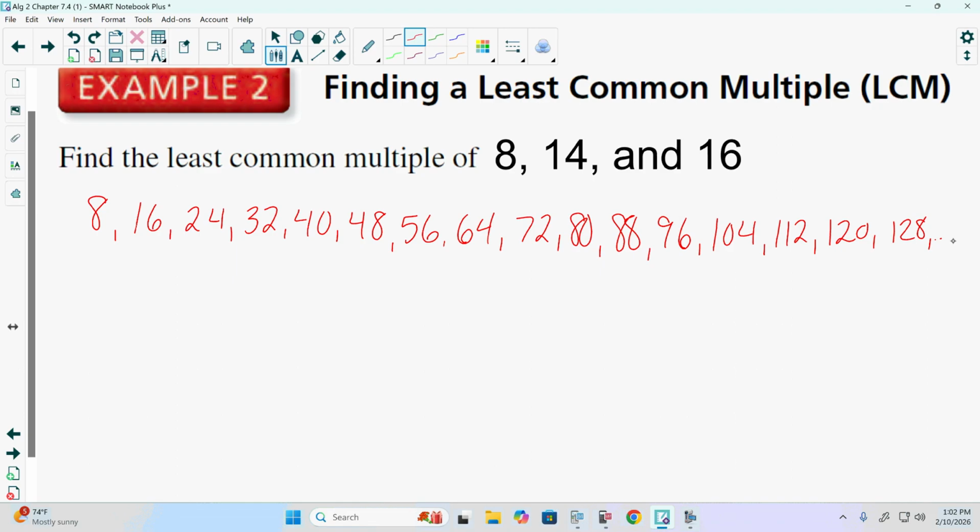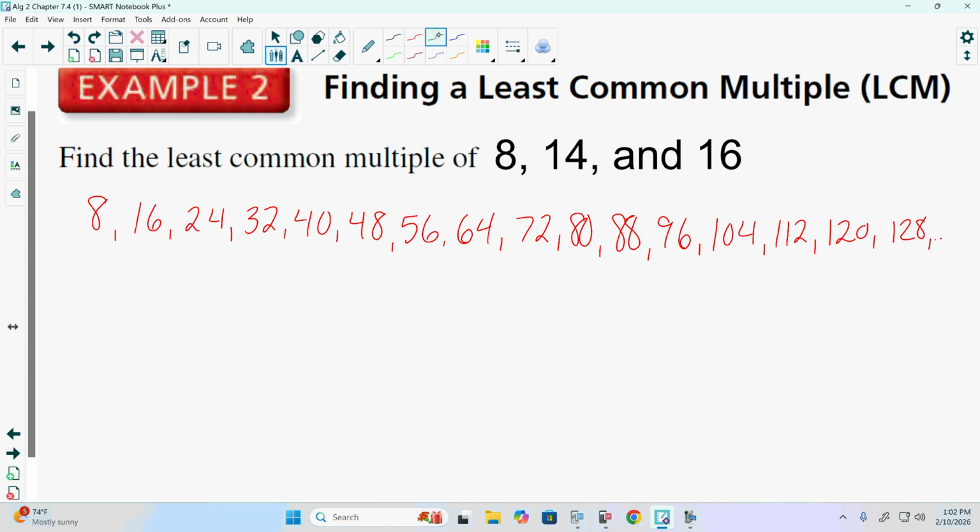These are multiples of 8. A multiple is just a number added to itself a different number of times. Every time we add 8, we get a new multiple, because it's multiple versions of 8. We've seen this before, yes?